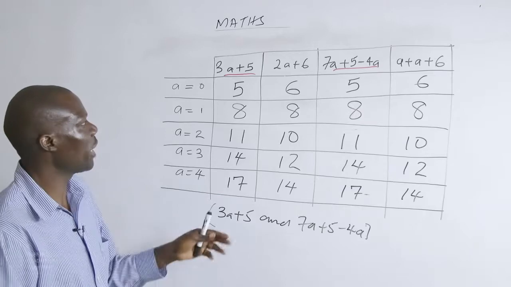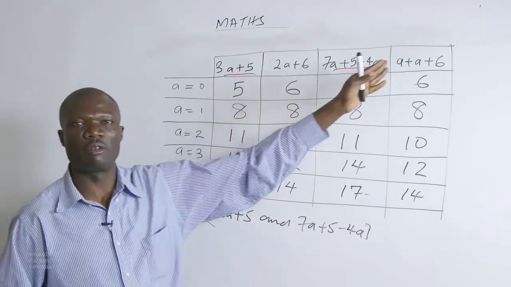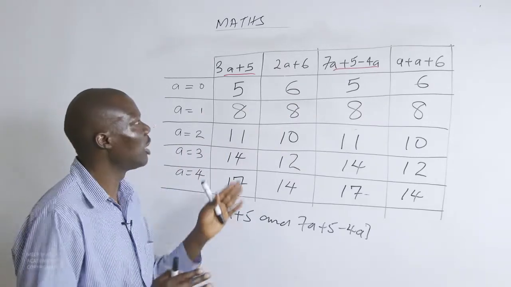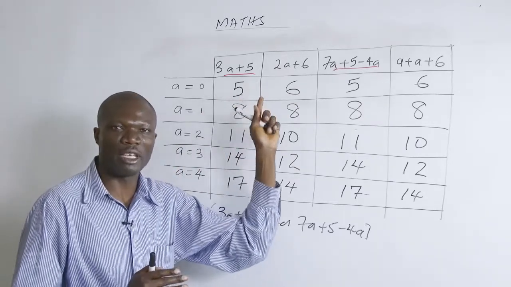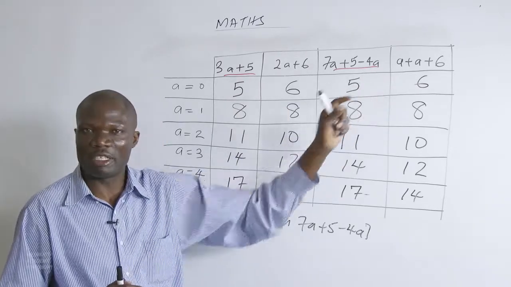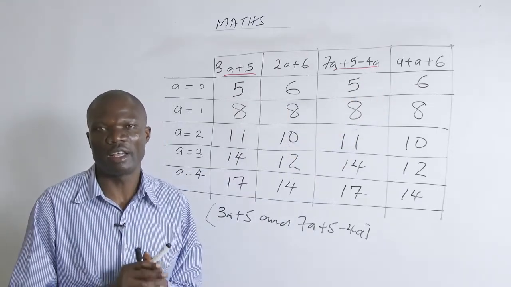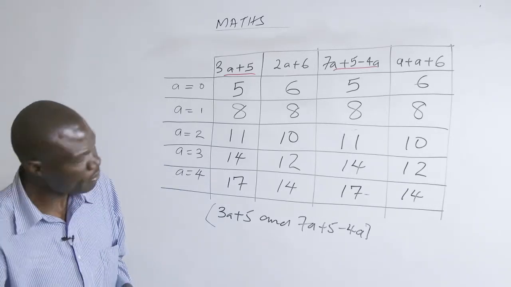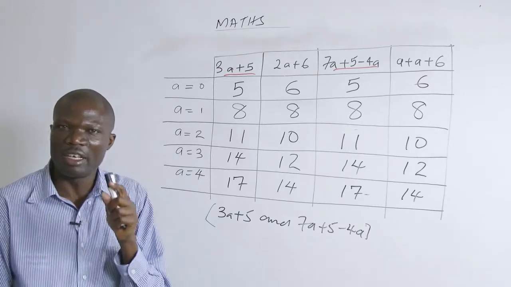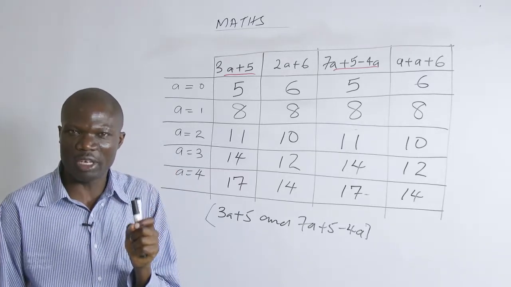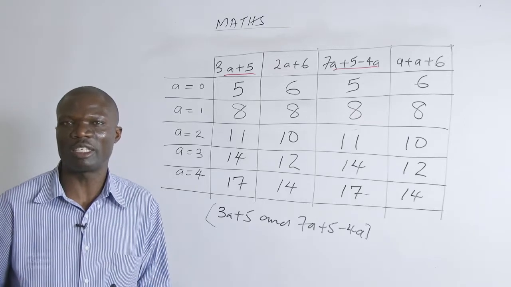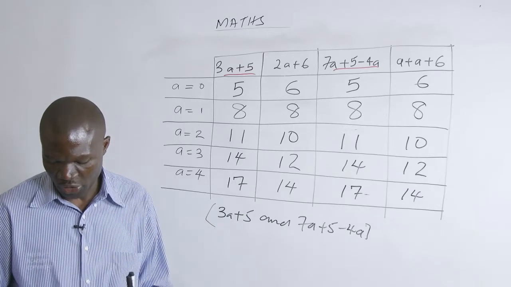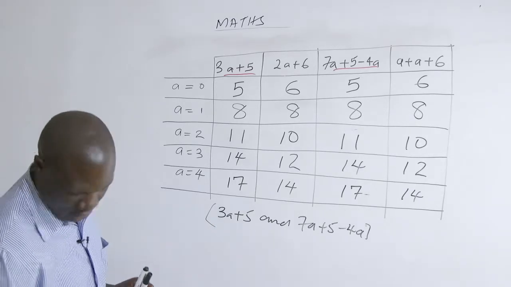The same way, the second column and the fourth column, again, the two algebraic expressions, 2A plus 6 and A plus 6, are equivalent. So what are we trying to say here? It is very important to note that equivalent algebraic expressions will always give us the same answers when we substitute with certain values. So let us note this.